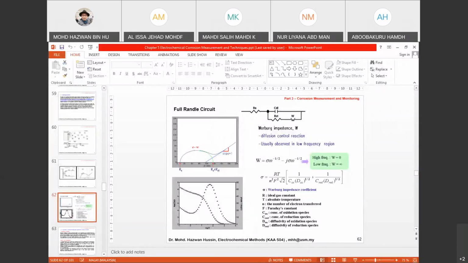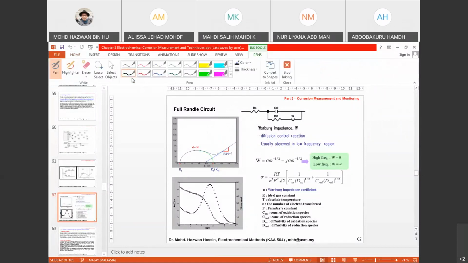All right. Okay, so this is what I'm telling you now. You have two flat lines, which indicate that you have R over here, which equals your RS, and almost a flat line over here is RCT.